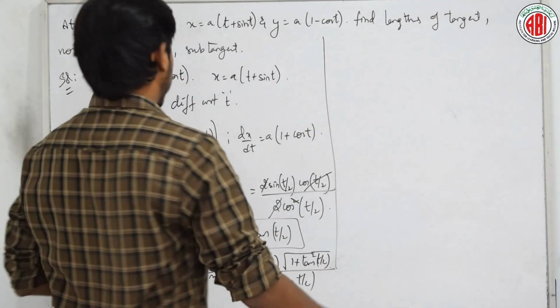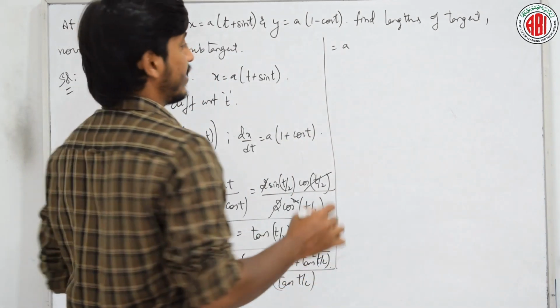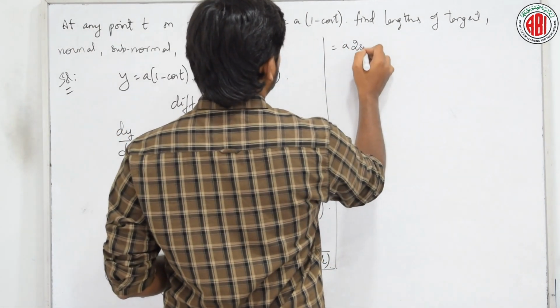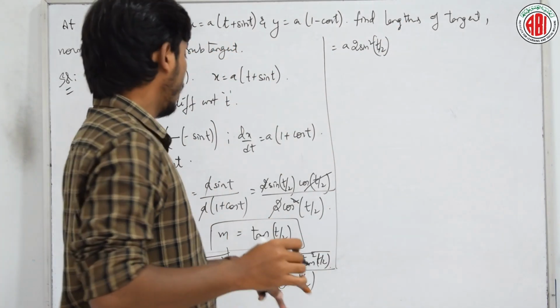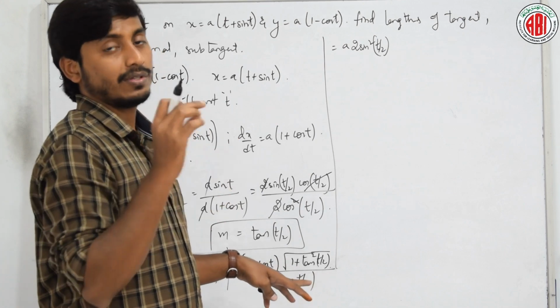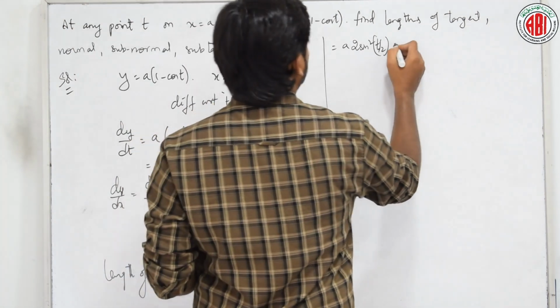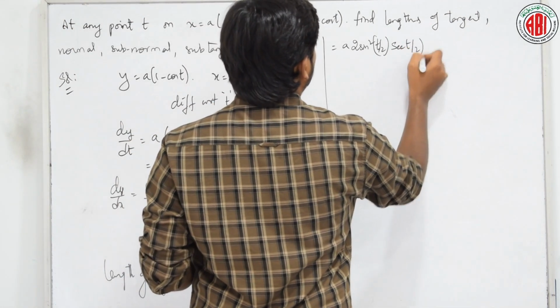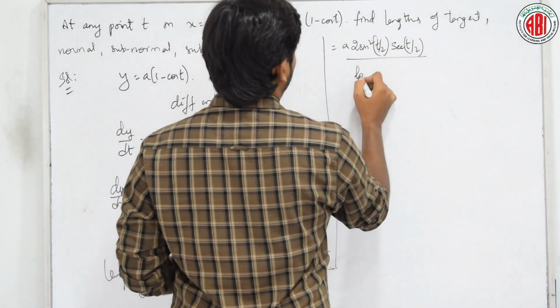Now let us simplify it. What is 1 minus cos t? It is 2 sin square t by 2. What is 1 plus tan square? Secant square minus tan square is 1, so secant square can be written as 1 plus tan square, and that is nothing but secant t by 2, divided by tan t by 2.